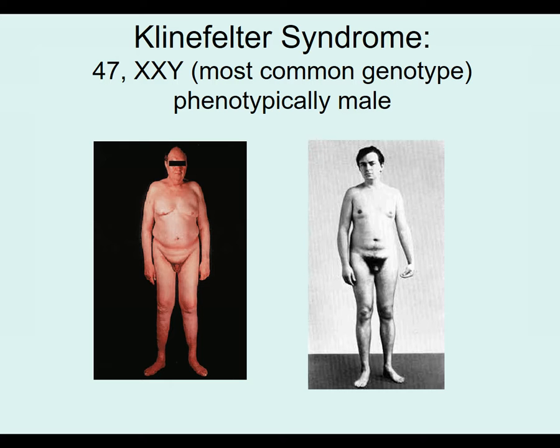So the extra chromosome is typically an extra X. And so it's a male with an extra X chromosome, but you can see that having an extra X still phenotypically gives you a male. There are sometimes some fertility problems for a Klinefelter syndrome male, but until that point, you could have a person who doesn't even know they have this chromosomal aneuploidy until they're trying to conceive a child.